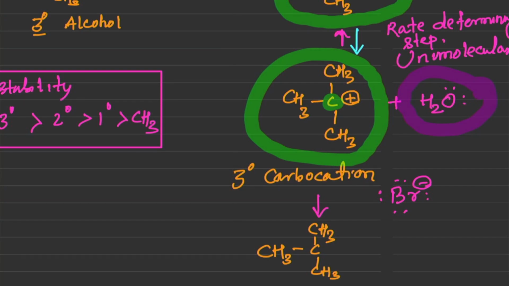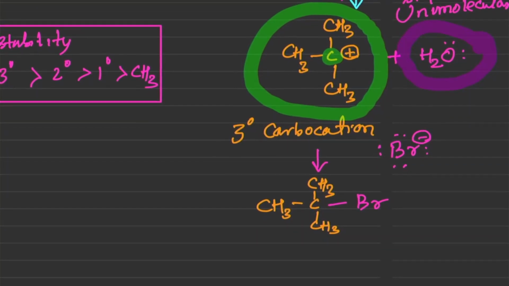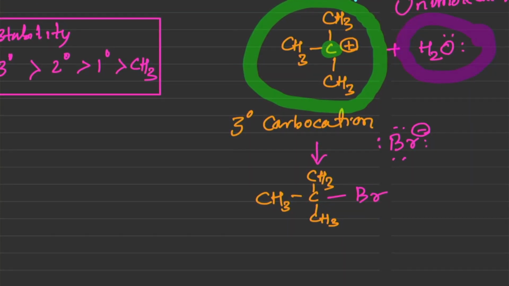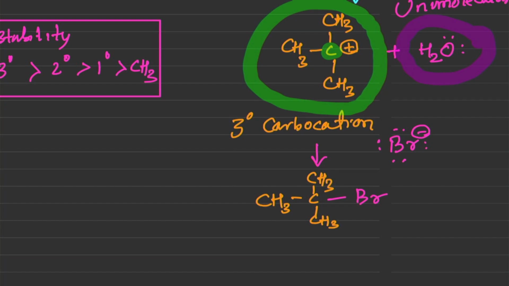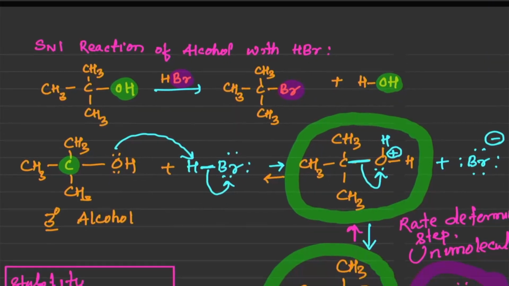And once you make the Br connected, it's very difficult to go backward, because water is not going to be a very good nucleophile to replace Br. All right, so that's pretty much it, we got our product. This is your final product. So let's recap everything we did here. I will do another complex problem in the next video.